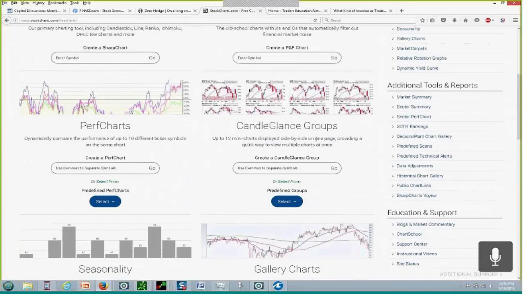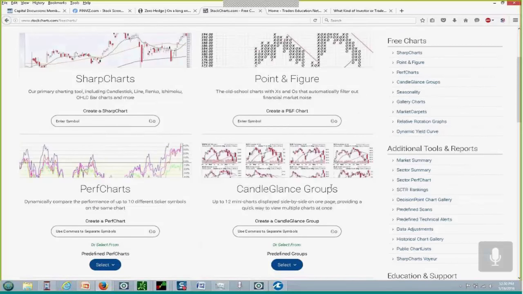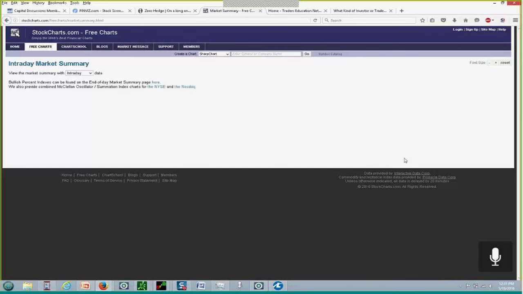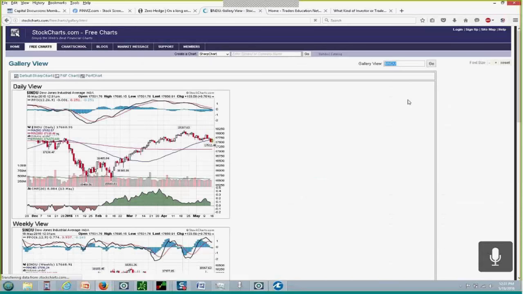They just changed this website here. Predefined scans. Market summary. Why do they keep changing this? Public chart lists. Gallery charts. Nope, that's not it.